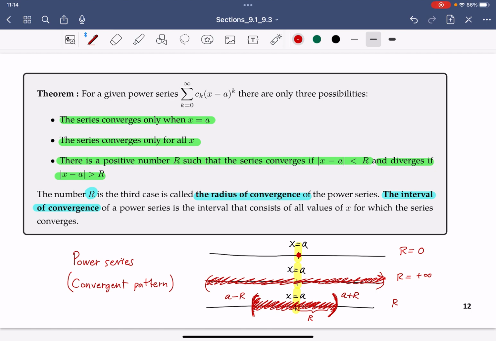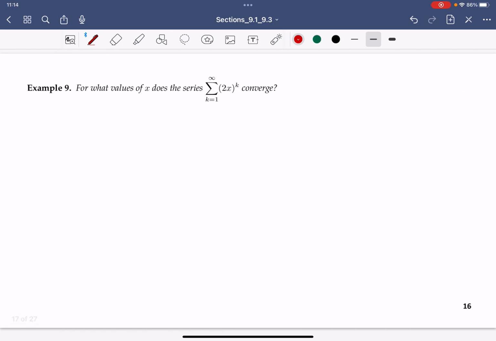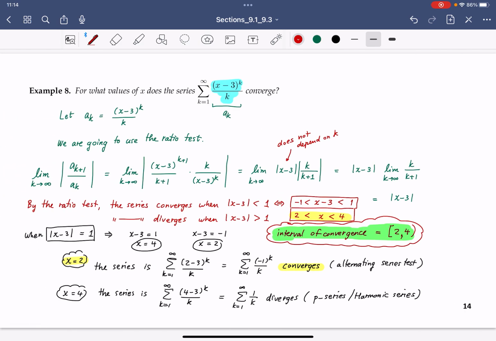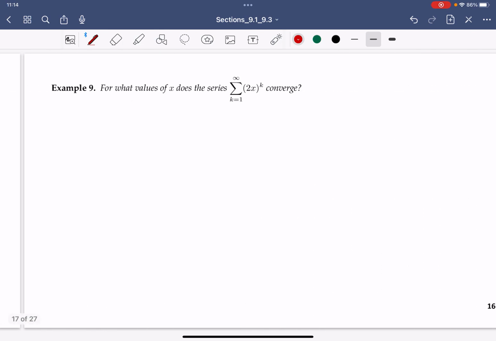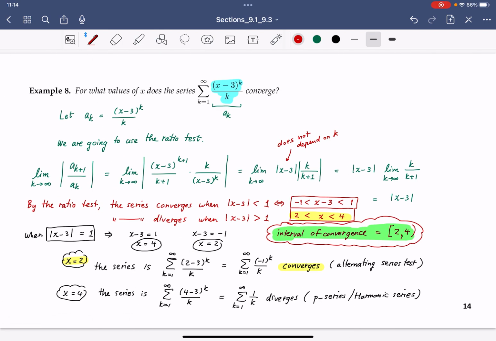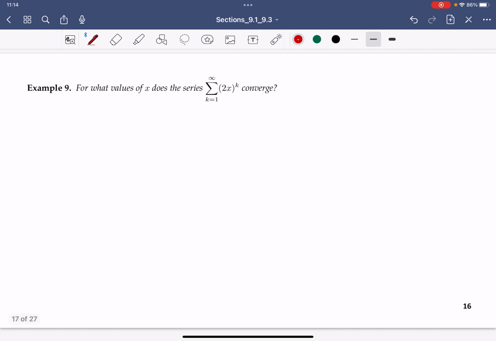Okay. So we're going to do more examples, and let me try to do the examples with the ratio test first, because we're going to save the root test for Wednesday. We did number 14 already, so we're going to move to page 17 and 18.